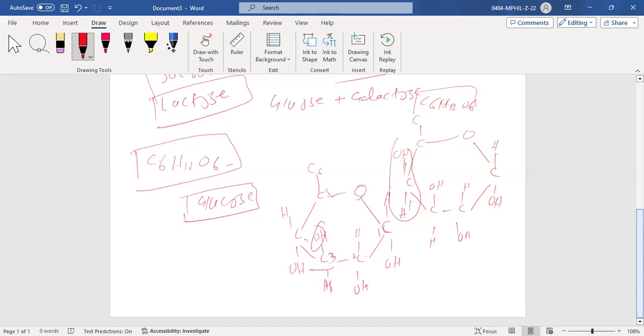You can also add here, for example, draw the linear structure of glucose. And how will you do that? What do you think? First a straight chain of six carbons. And what would be the change here?